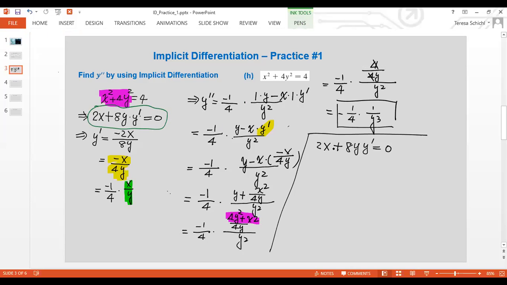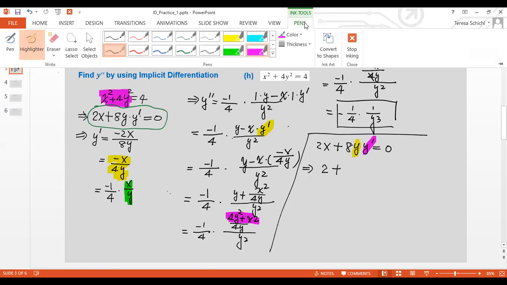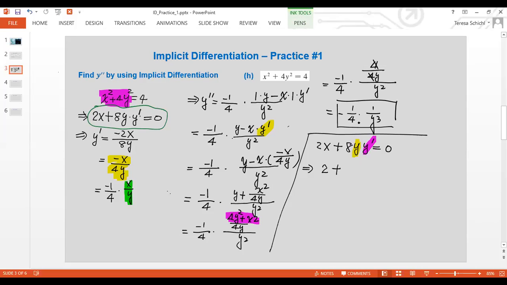So what you can do, you say, okay, let's take the derivative again. So the 2x, what is the derivative? It will be 2, right? Okay, so now in here, you have two functions. One is y, and the other one is y prime, right? So I'm going to use the product rule, right?